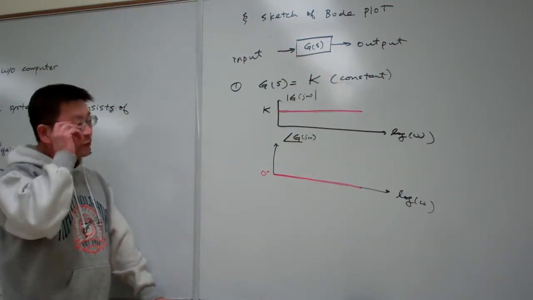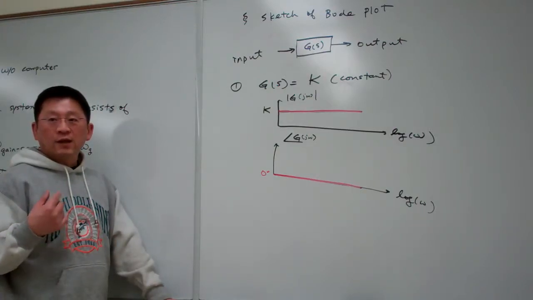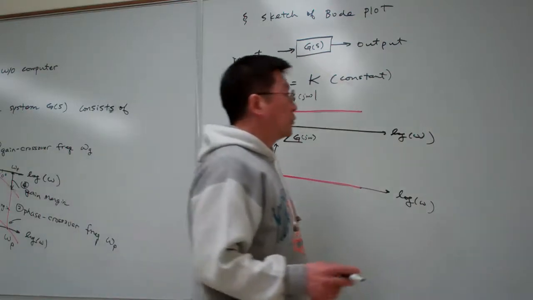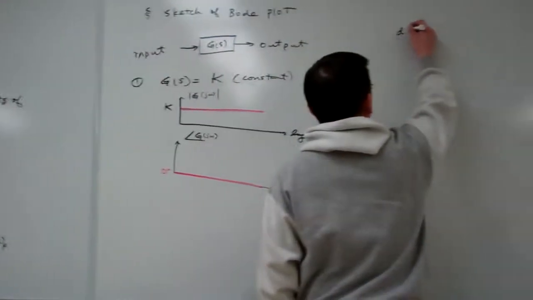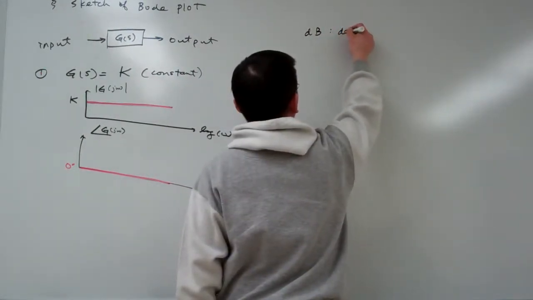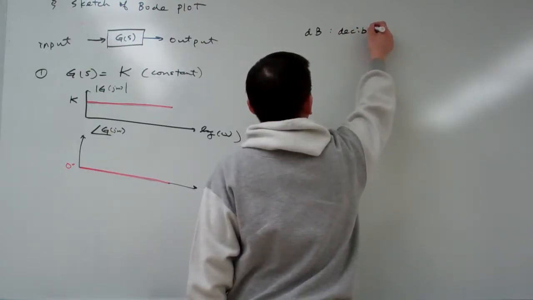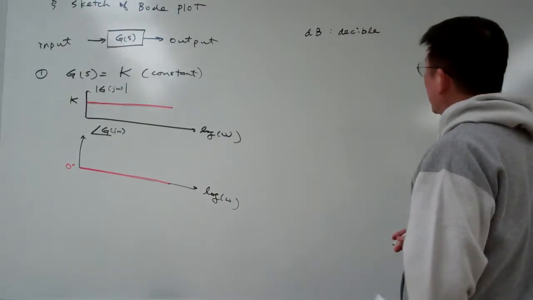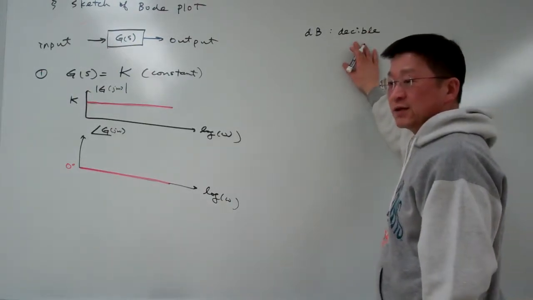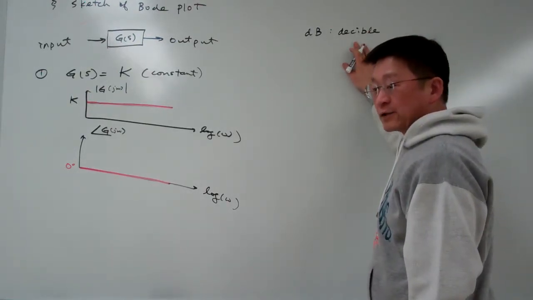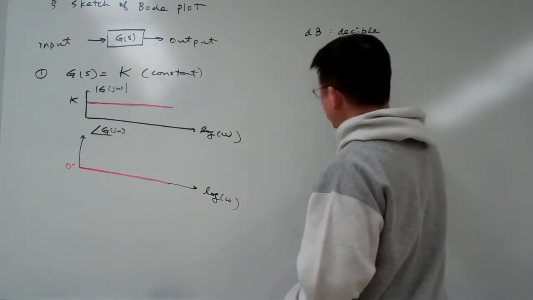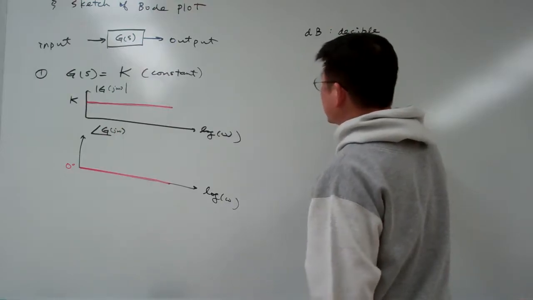And here I want to introduce you to one more terminology, and we call it decibel. A decibel is a measurement of the magnitude. By definition, 1 decibel is this.